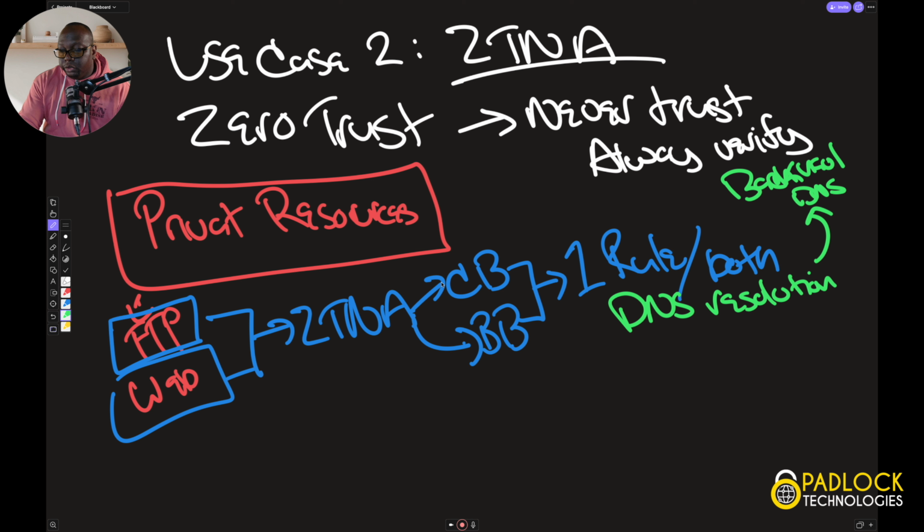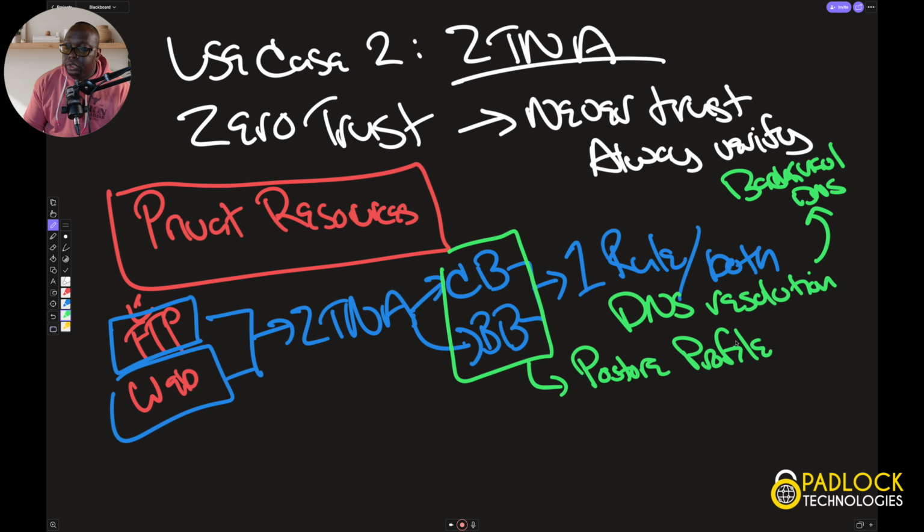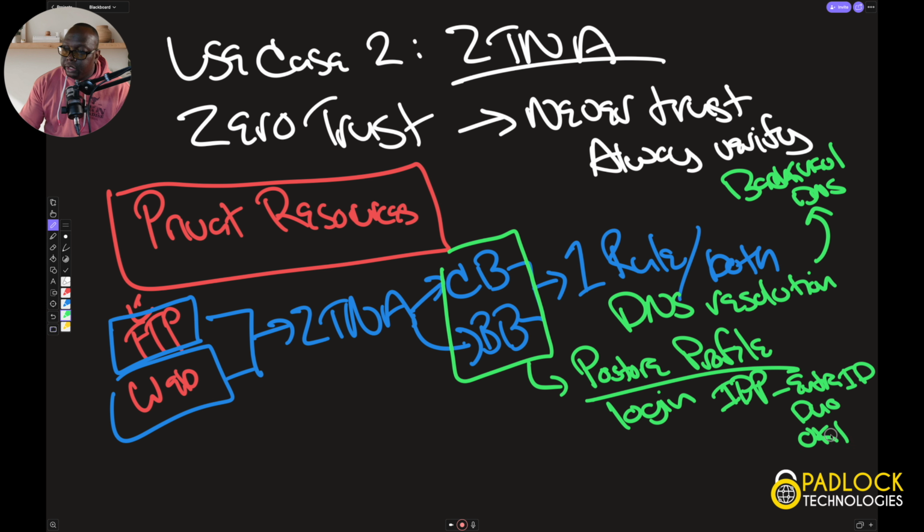In your ZTNA policy, you have ZTNA posture profiles. The good thing about these posture profiles is that they say you have to meet certain criteria before you can even do ZTNA. Before you can access a resource, it's going to ask you, one, to log in to a certain platform, an IDP preferably, which could be Entra ID, Duo, or Okta for right now.